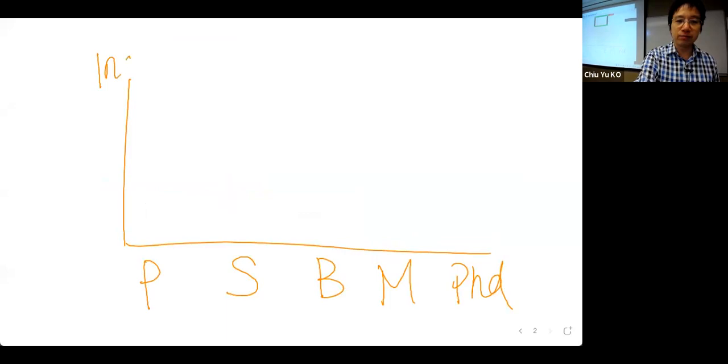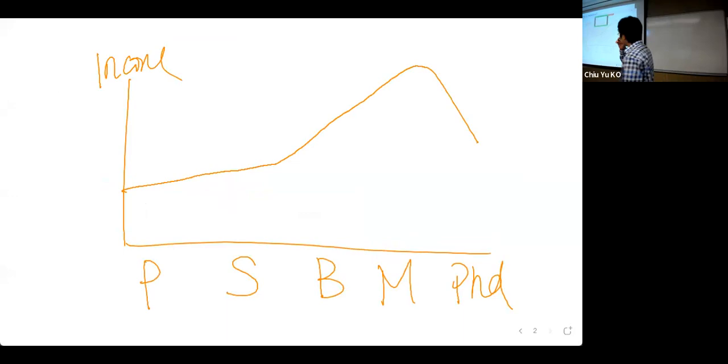What's the income? In general, it looks like this. Why? Permanent head damage. Your head got damaged, so that's why it looks like this. They're not too much different. There's some difference between primary and secondary school, and college is a big jump, especially if you do a professional degree that makes a return. And master usually also gets a good return.